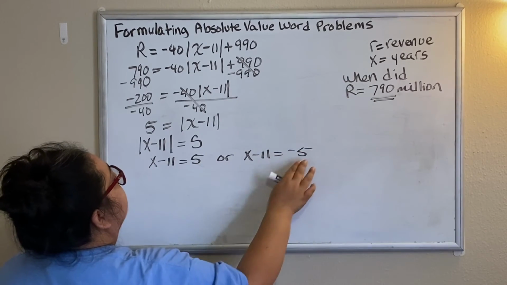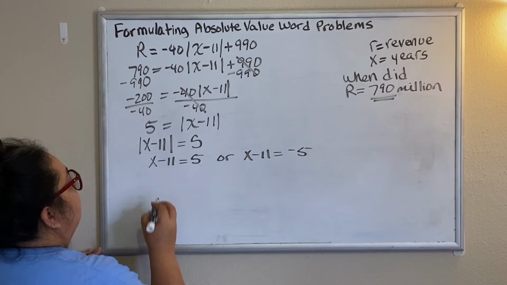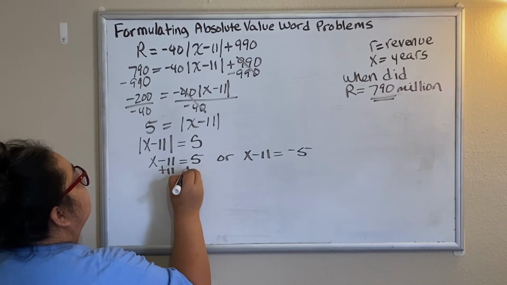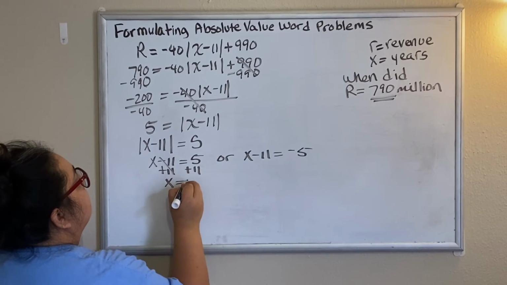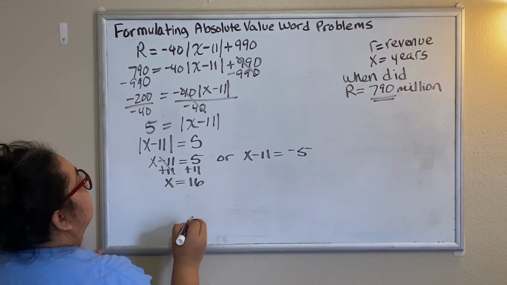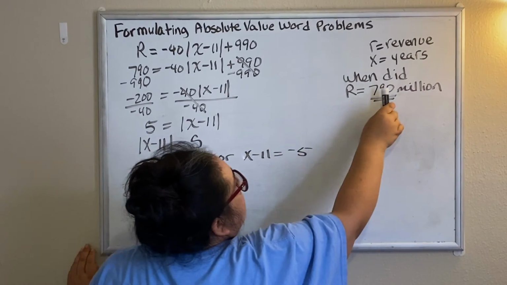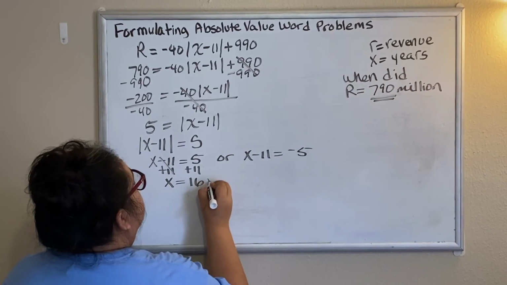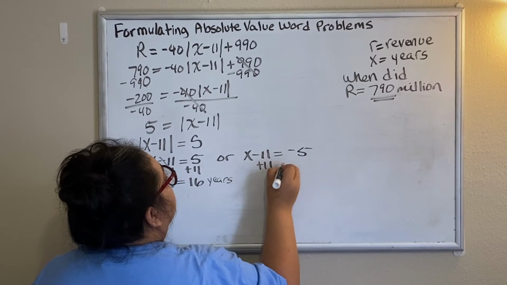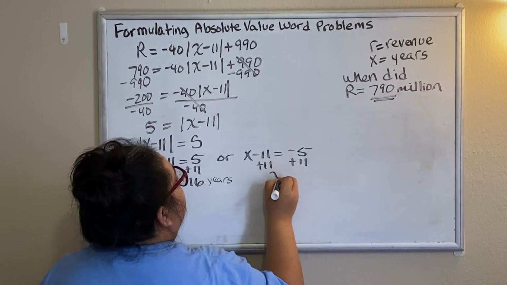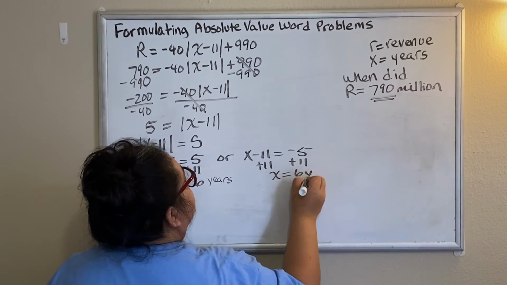Remember, one positive, one negative. And now we solve. So we're going to add 11 to both sides. That's going to eliminate, and x is going to equal 16. And remember, x is years. So this is 16 years. If we add 11 on both sides here, we get x equals 6 years.